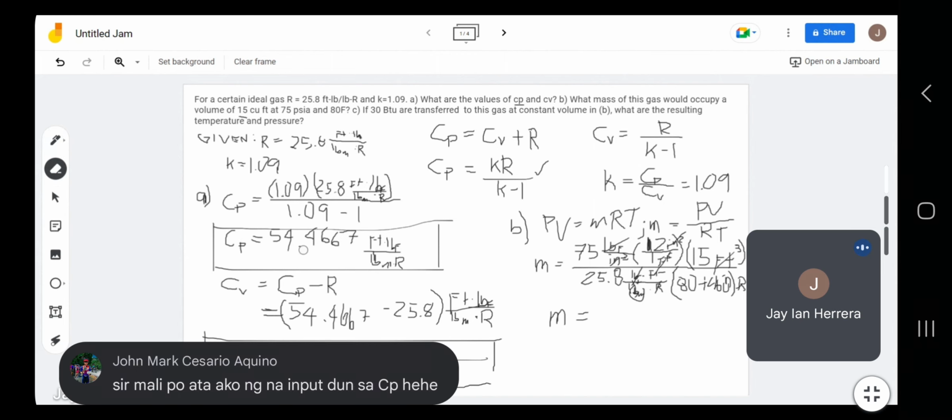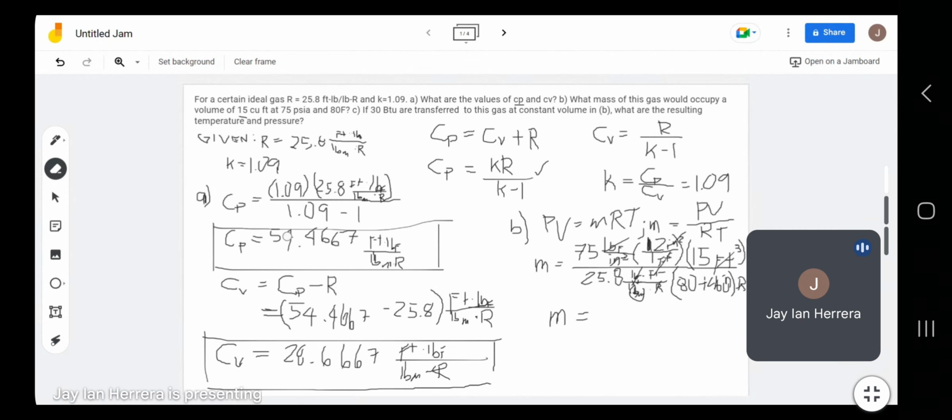So wala nakikipag-participate. So I have recomputed letter A. So it seems mali yung 54.4667. So the correct answer here is, so paki-check Mr. Kwan sa nagsabi kanina. So paki-re-input the following.